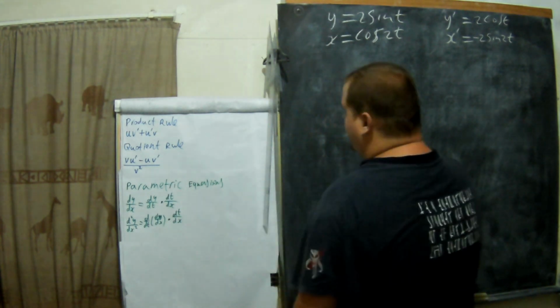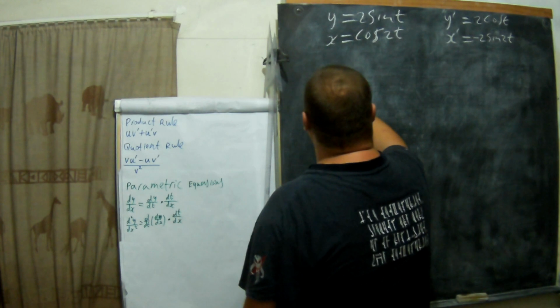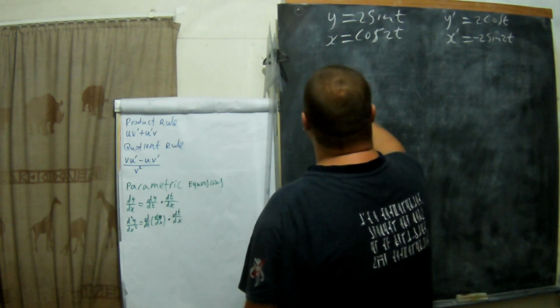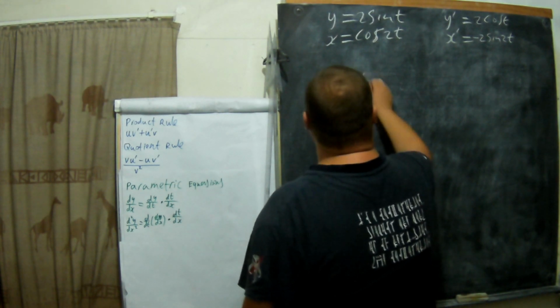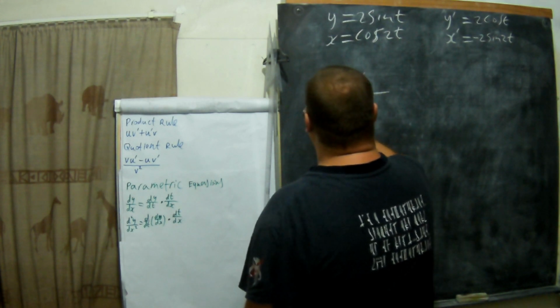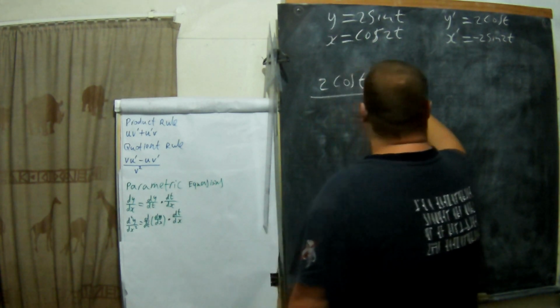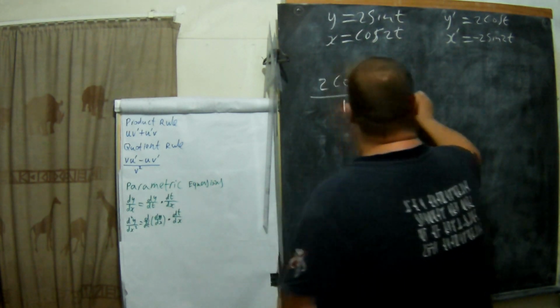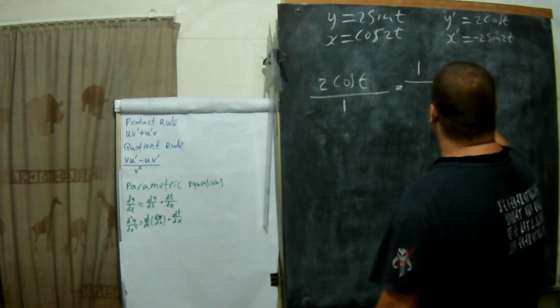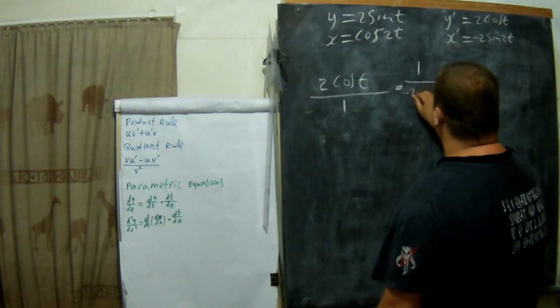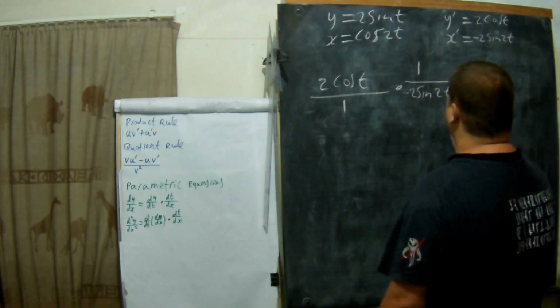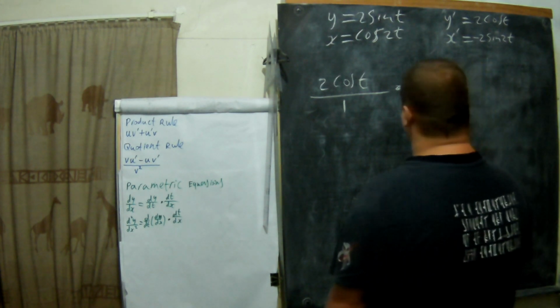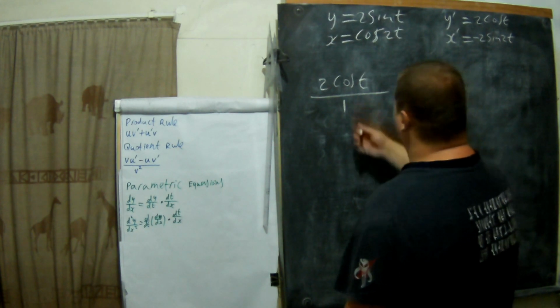Right, now what we have is 2 cos t over minus, times 1 over minus 2 sine 2t. Let's bring these and put them underneath.